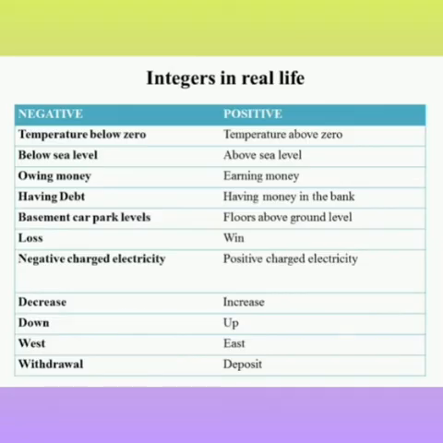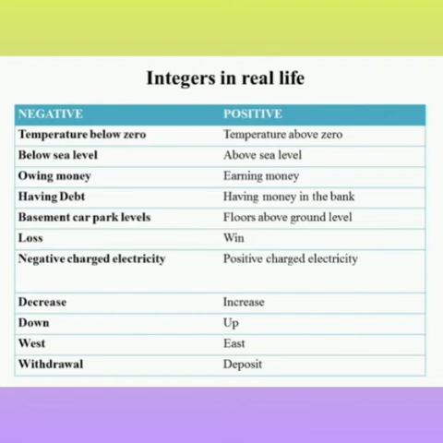The following words are used to describe negative integers: temperature below 0, below sea level, owing money, having debit, basement car park levels, loss, negative charged electricity, decrease, down, west, withdrawal.